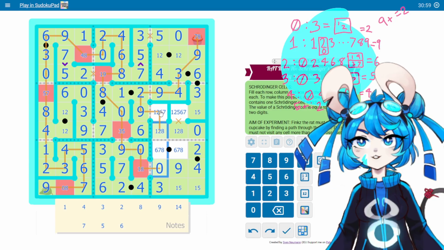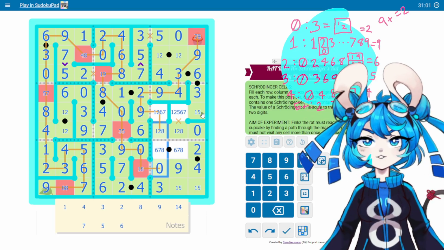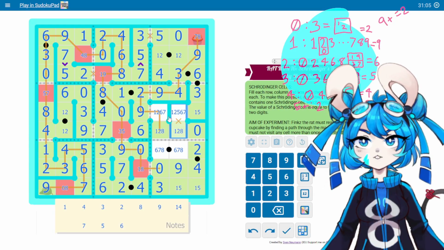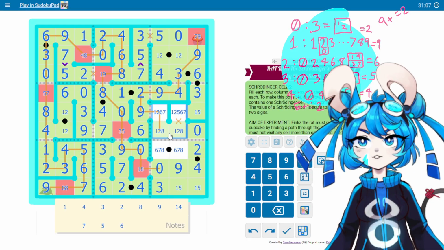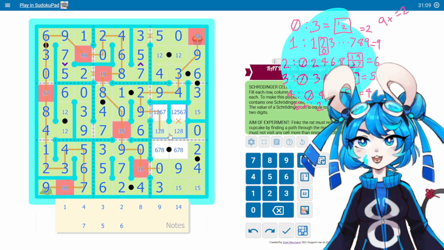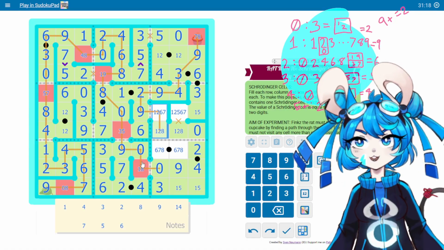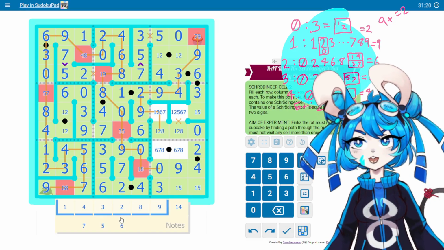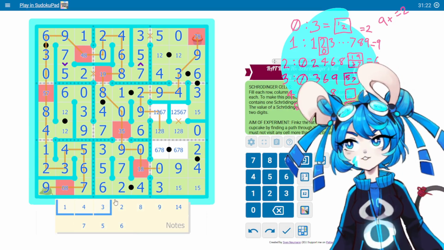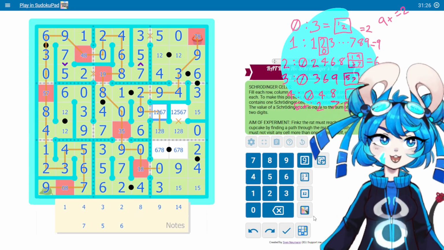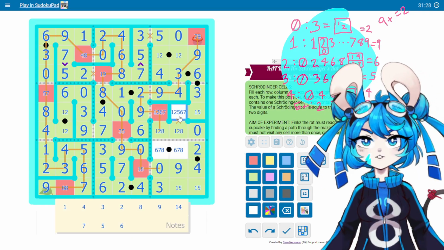They make the same difference. That's a 1, 5. That's a 1, 2. These 2 cells, the greatest vanilla difference that can go between them is 1 and 8. And in fact, we've already established that all differences which are possible between vanilla cells have already been used. So this has to be a Schrodinger cell.